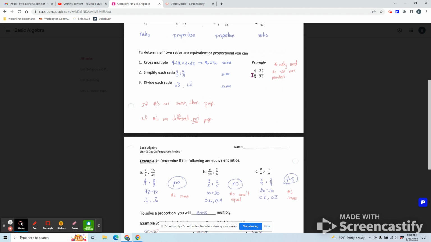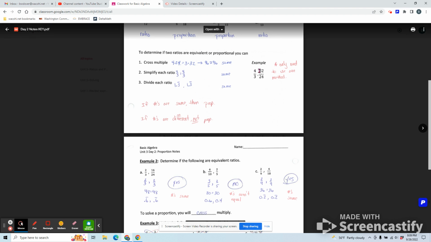Don't turn it into a mixed number. Leave it as an improper fraction with your numerator potentially larger than your denominator. And then I reduce the other fraction. 32 over 24 becomes 4/3. They're the same. Or you can divide these out: 4 divided by 3 and 32 divided by 24.